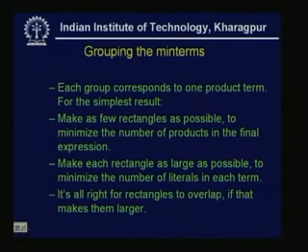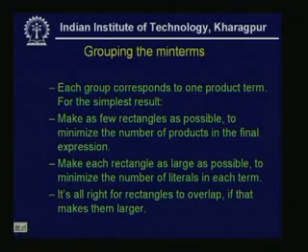Make each rectangle as large as possible to minimize the number of literals in each term. Already we have seen, for the 3 variable case, if it is a group of 4, then it reduces to a single literal. If it is a group of 2, then it reduces to a term consisting of 2 literals. So if the size of the group increases, then the reduction is more.